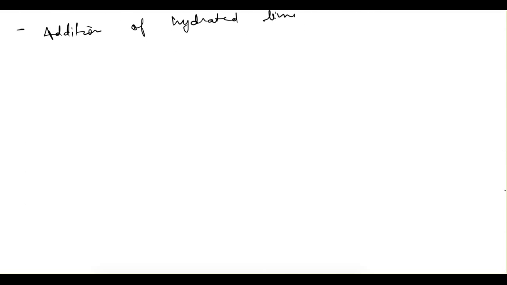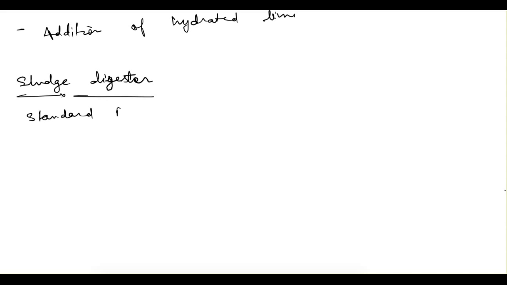Now, about the sludge digester which is provided for this anaerobic digestion. It can be of two types: standard rate and high rate. In high rate, two separate tanks are provided, and in standard rate all the processes happen in one tank.